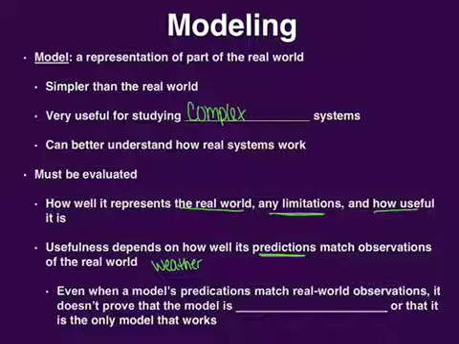So even when a model's prediction matches real-world observations, it doesn't prove that the model is true or that it is the only model that works. It just means that the model supports events in the real world.